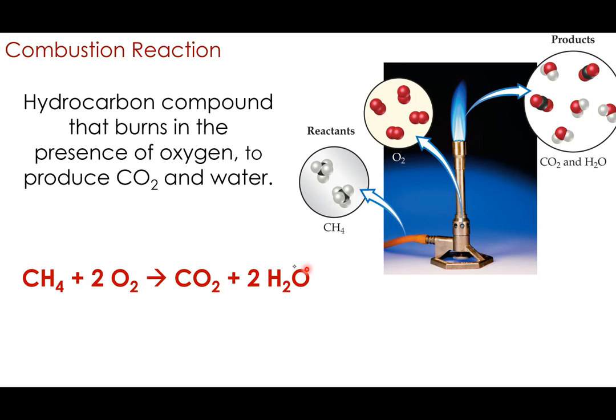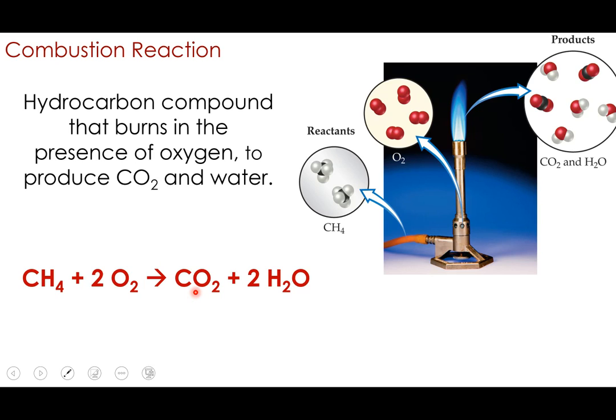The difference between different combustion reactions is in the balancing. So depending on what the hydrocarbon is, you'll see different coefficients all throughout the chemical reaction. So in many combustion reactions, the first step will be to balance the chemical equation. Okay, so that's a combustion reaction.